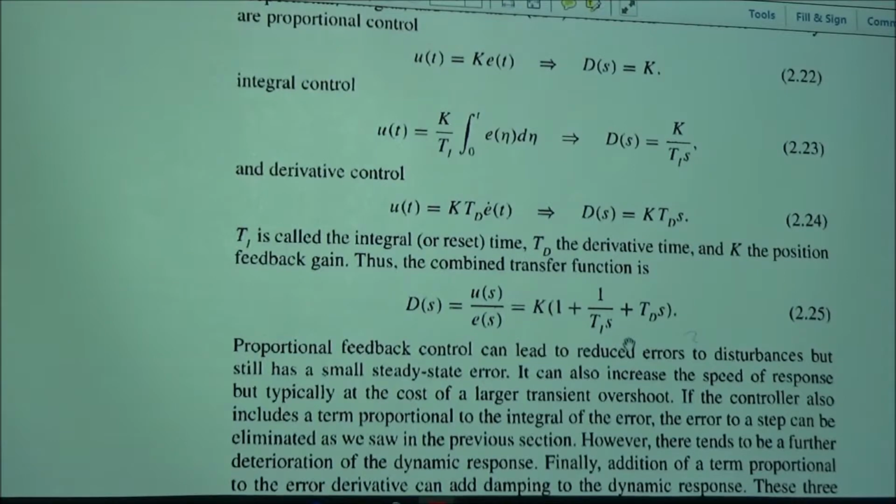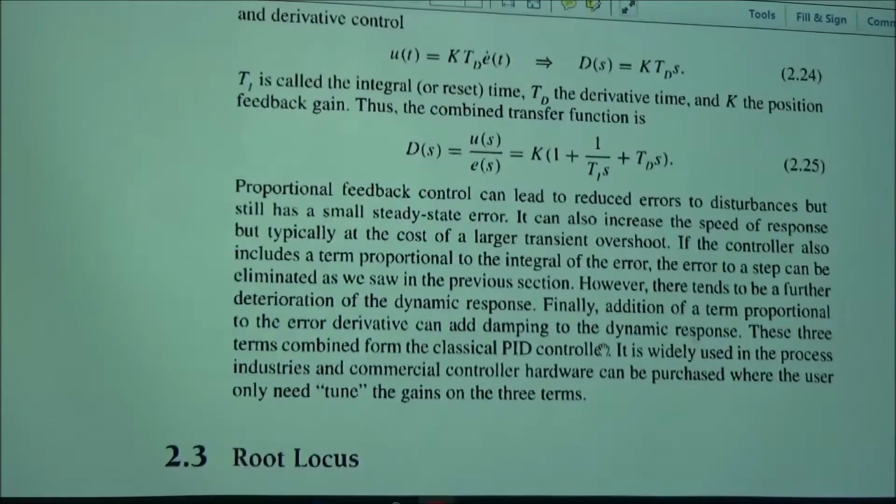Notice that the 2 parameters, TD and TI, are to be defined and obtained by a designer. Okay, a lot of times using MATLAB, you could do trial and error and work with TD and TI until you get the desired response.